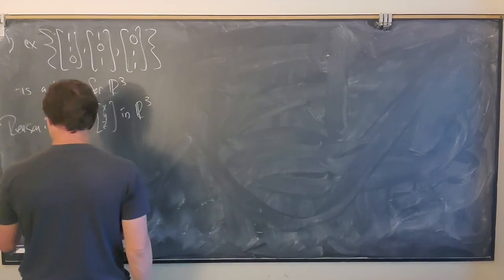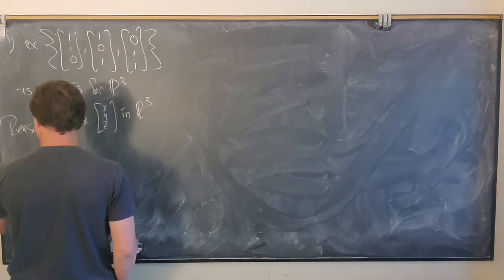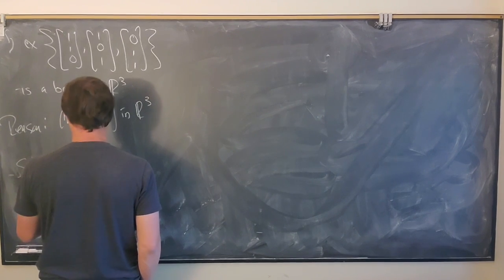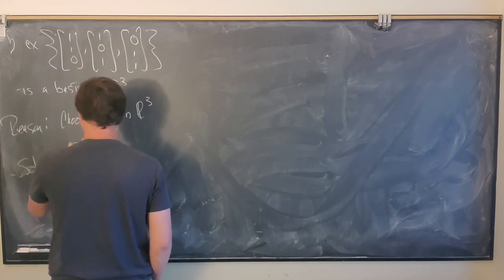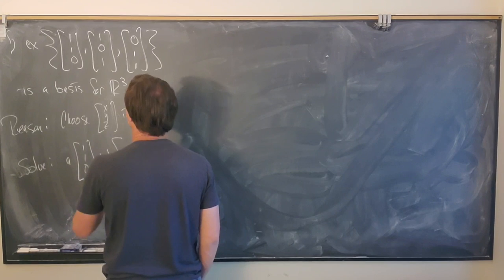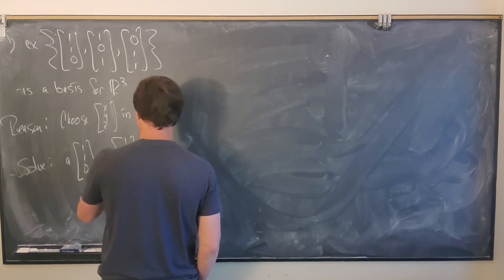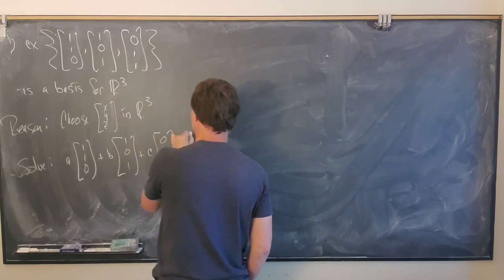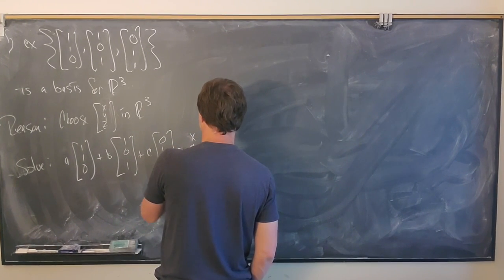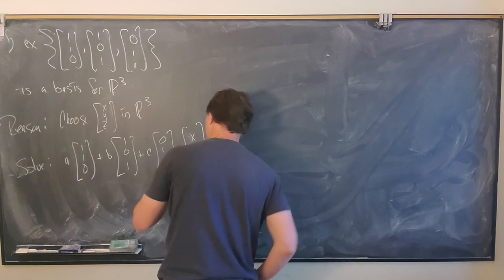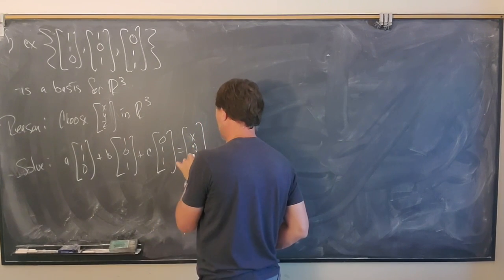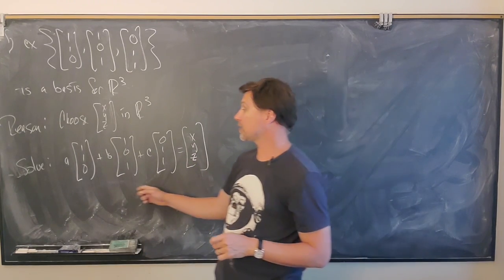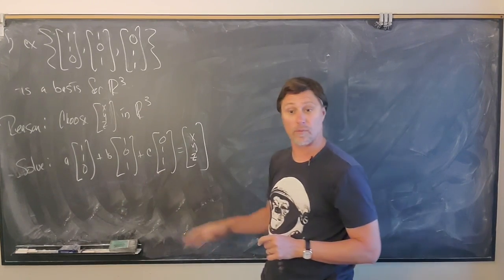And then I'm going to solve the system: a times the first vector plus b times the second vector plus c times the third vector equals x, y, z, right? I want to show that every arbitrary vector in R3 can be expressed as a linear combination of those three.